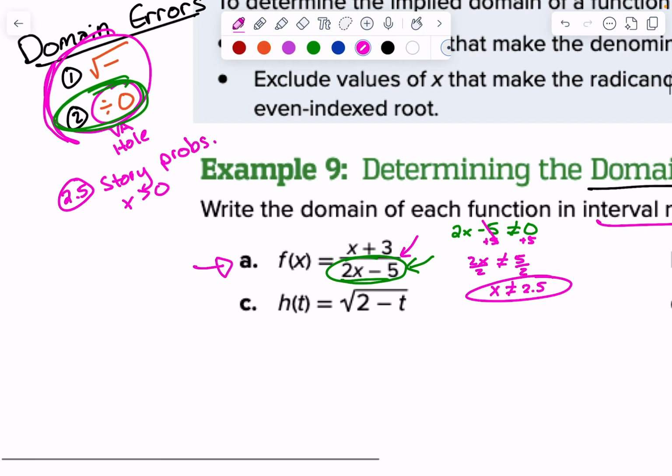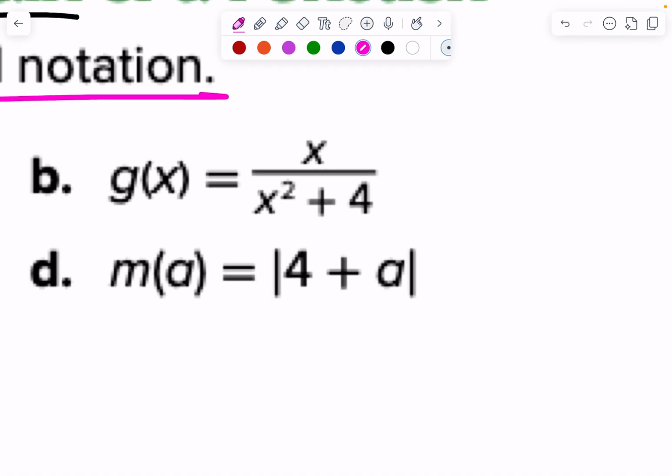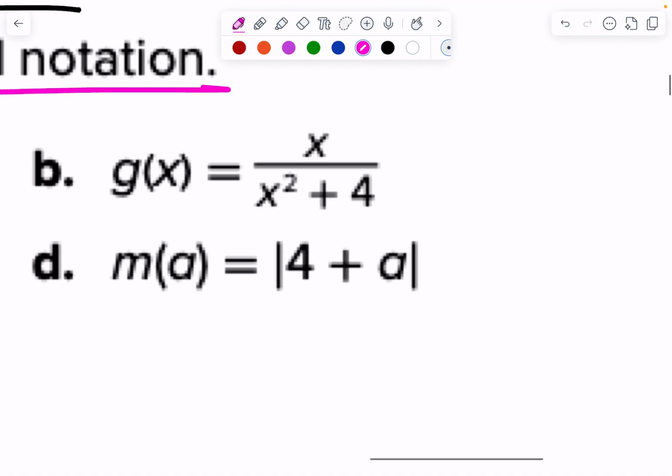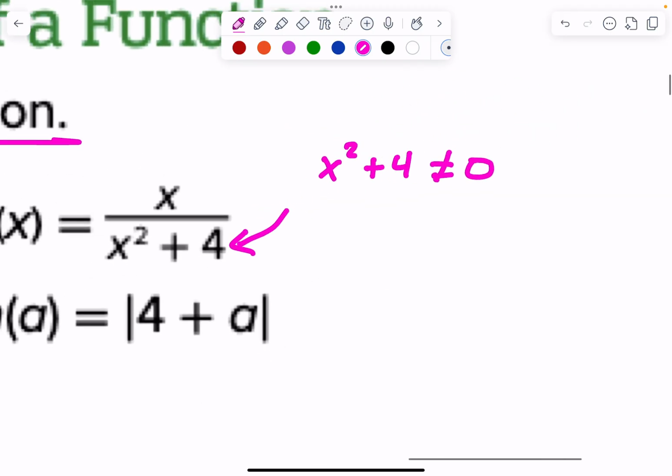All right, let's go on and pick on B. B also has a bottom. We want to look at this bottom and say x squared plus 4 cannot be equal to 0. Some of you have already figured this one out. If you subtract the 4 over, x squared can't be negative 4.